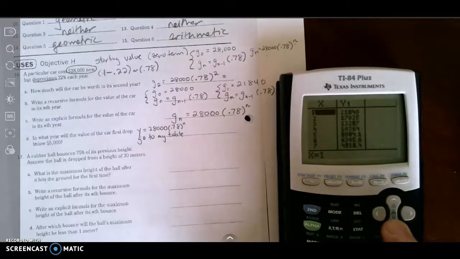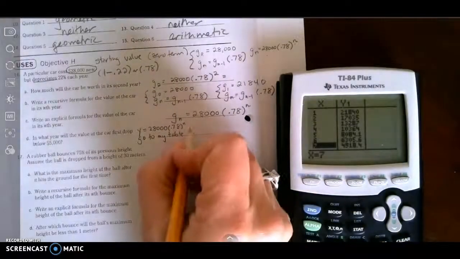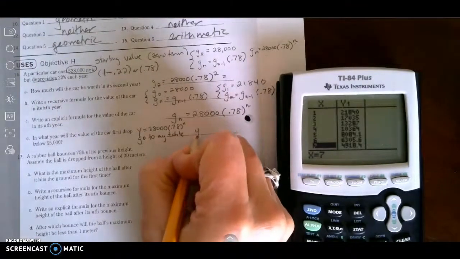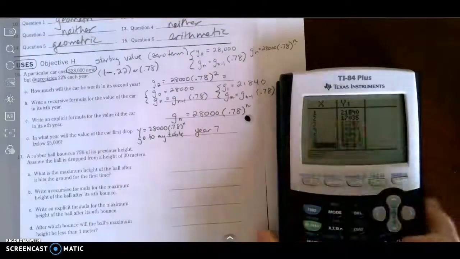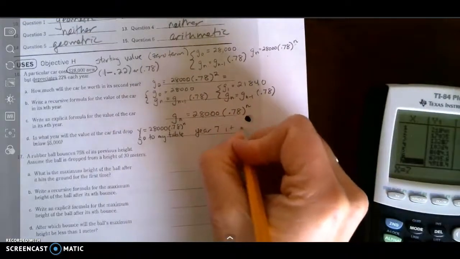Okay, year 1, that's year 1, 2, 3, it keeps getting less. Right here in year 7, it drops below 5,000. So year 7, it drops below 5,000.